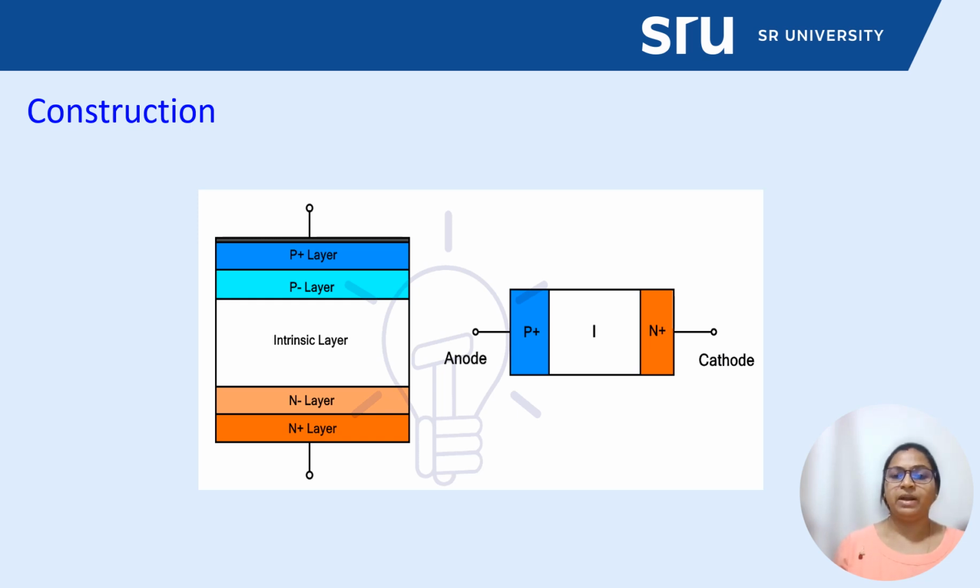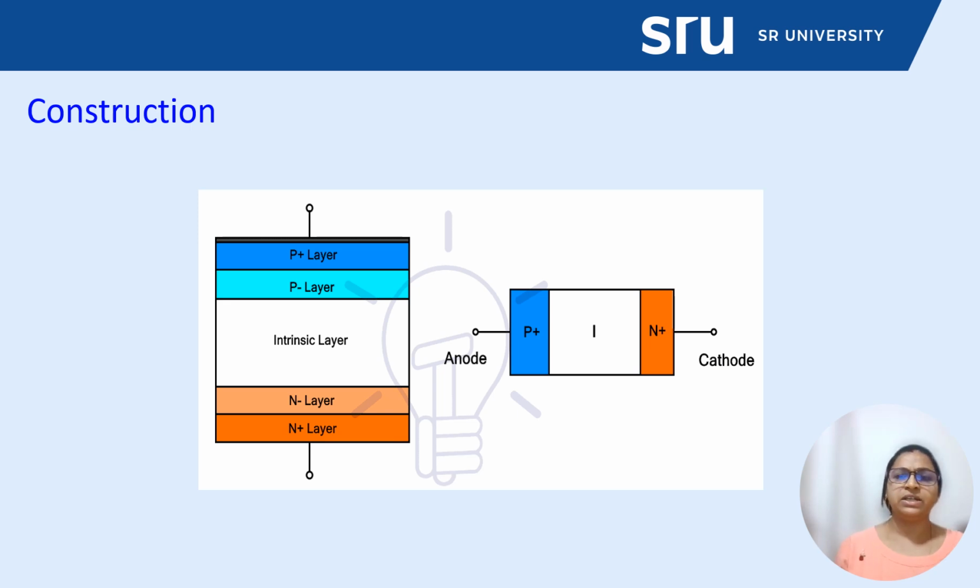So it will prevent the current flow. In forward bias, the applied voltage pushes holes and electrons towards the junction, initiating a depletion region, allowing carriers to flow into the intrinsic layer and recombine. So it will initiate current flow.